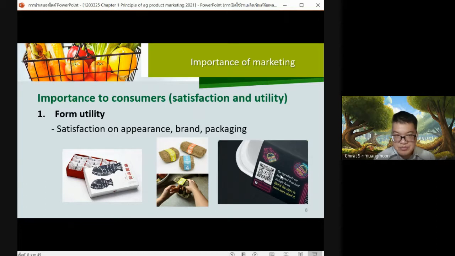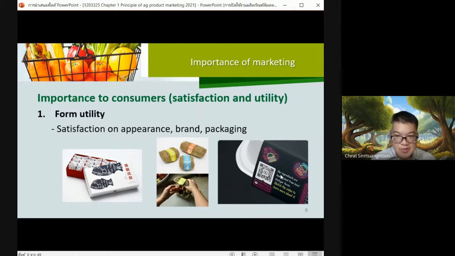But form utility can be presented in terms of the brand as well. The brand that you remember, the brand that is very interesting for you, is also in terms of form utilities, or the packaging as presented here.